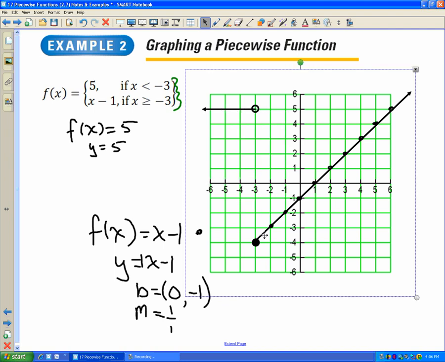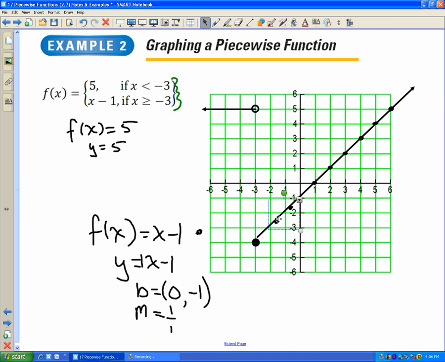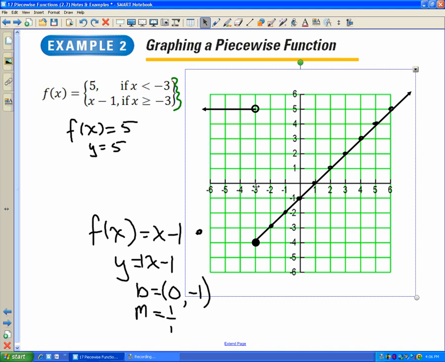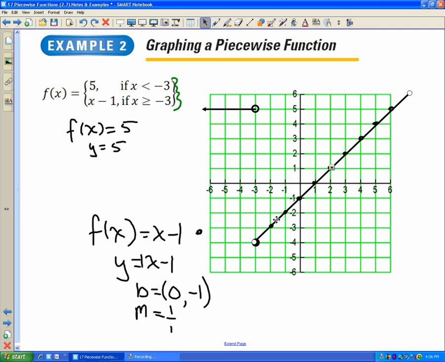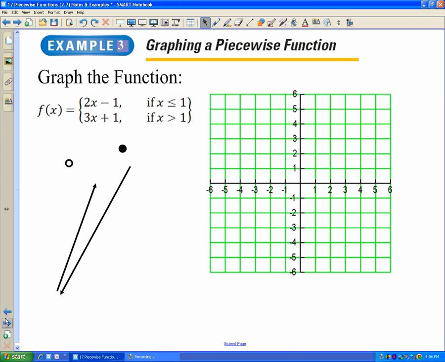And this here is f of x when x is greater than negative 3. So I break it up over my domain, and these are my two graphs. That's example 2. Let's try another example.